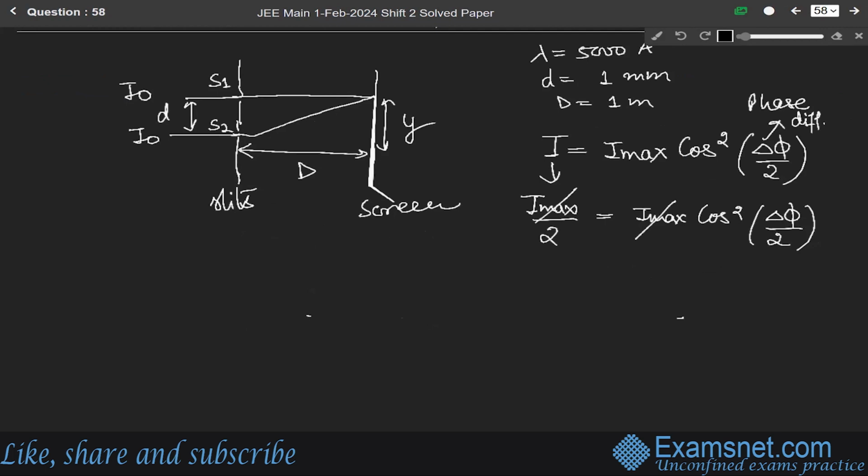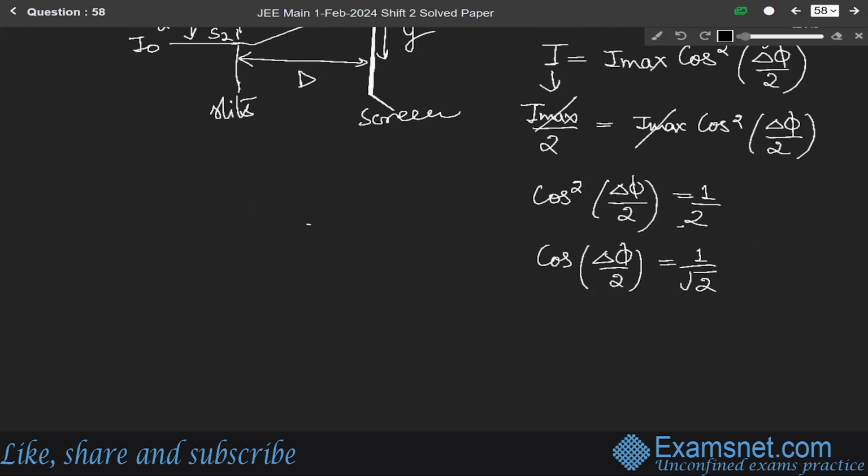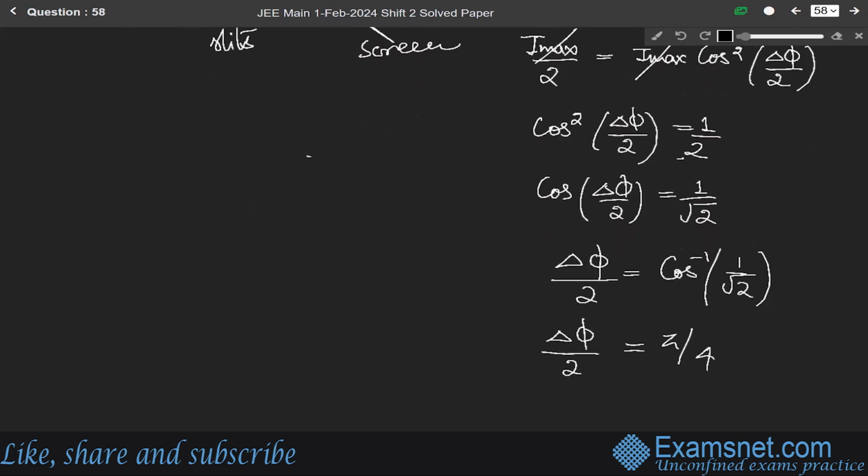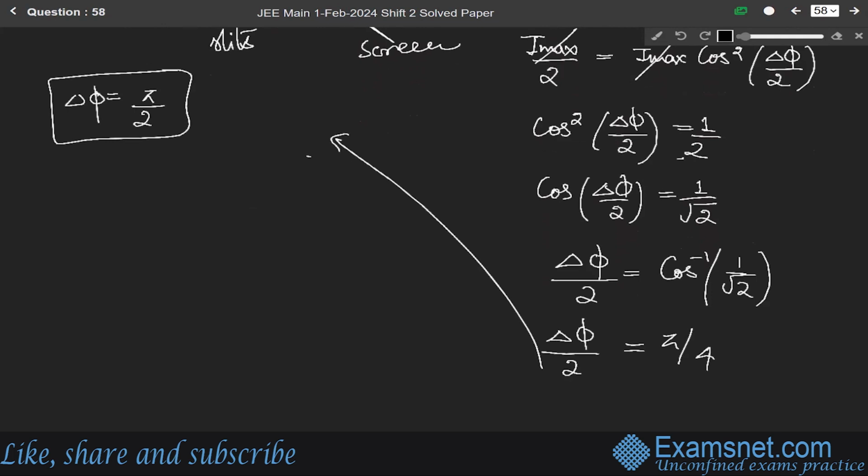So I maximum cancels, and we get cos square delta phi by 2 equals 1 by 2. So cos delta phi by 2 equals 1 by root 2. From this, delta phi by 2 is cos inverse 1 by root 2, which is pi by 4. So we can write delta phi equals pi by 2.